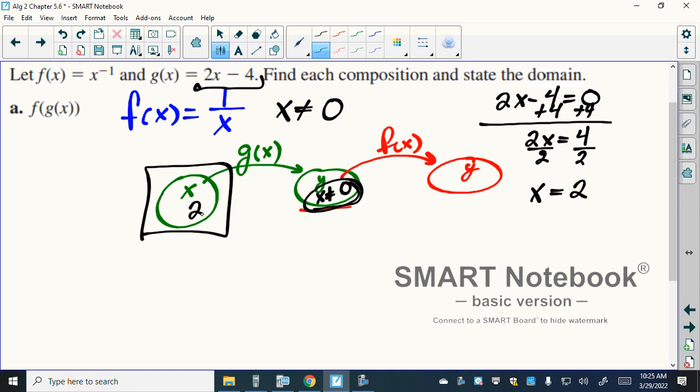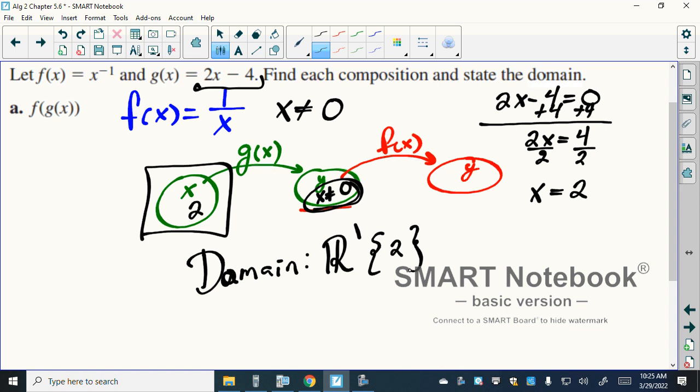So the domain for this here is going to be all real numbers except, and this is a shorthand kind of way to write it.